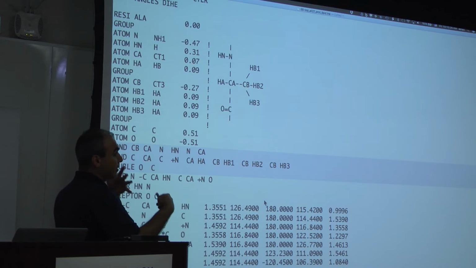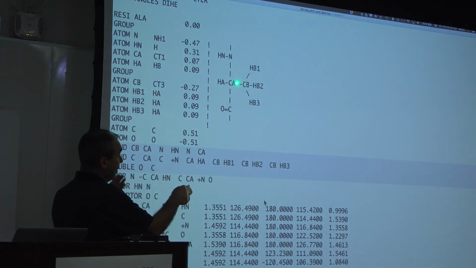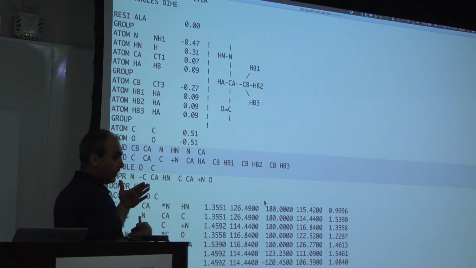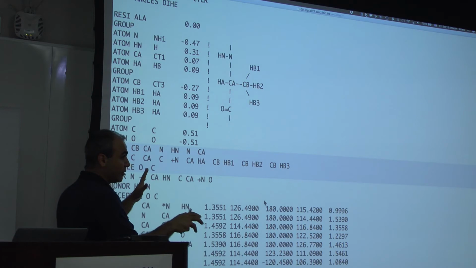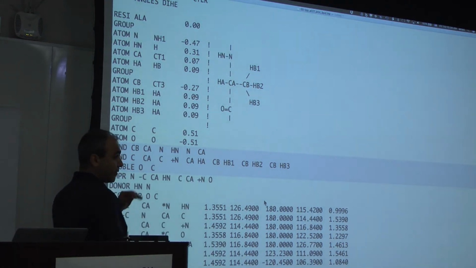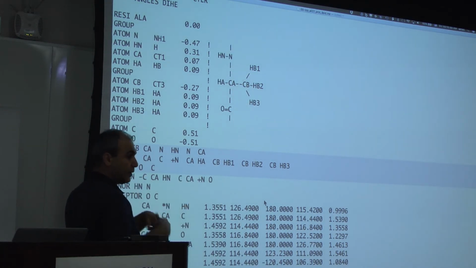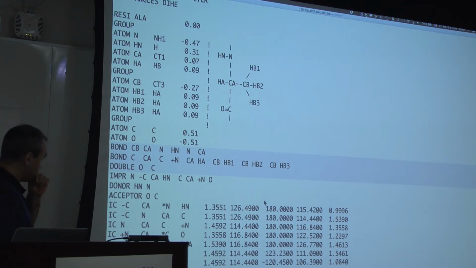So there are multiple definitions for the same bond. The rotation of this bond is affected by 9 terms in my potential energy function. So I have to distribute the barrier among all these 9 terms to get the correct barrier. So they will all be generated automatically.